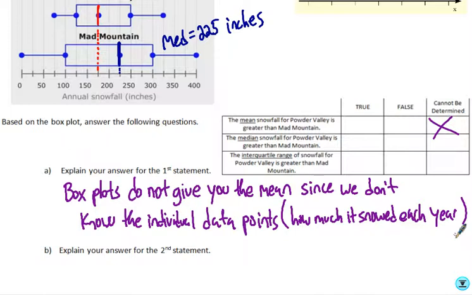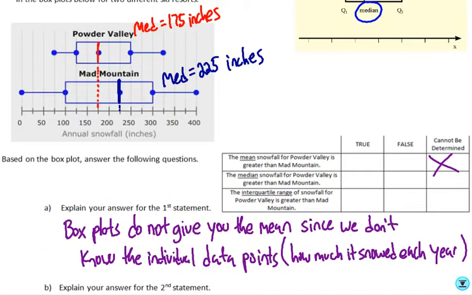The second question says the median snowfall for Powder Valley is greater. Well, let's take a look. The median snowfall for Powder Valley is 175. The median for Mad Mountain is 225.